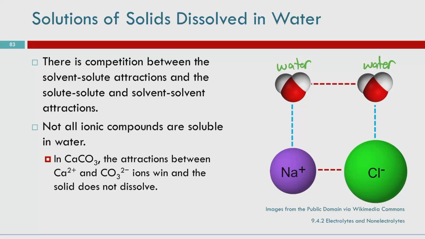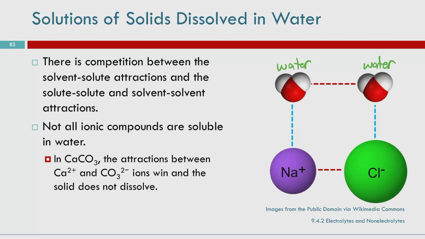So we've got our water represented up top. We've got our solid salt represented down below. There's competition between the forces between the water and the solid, the ions in the solid, and also between the water and other water molecules, as well as between the sodium and the chloride.